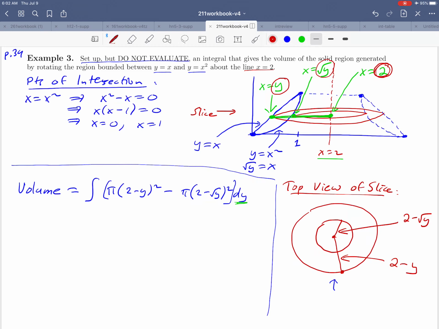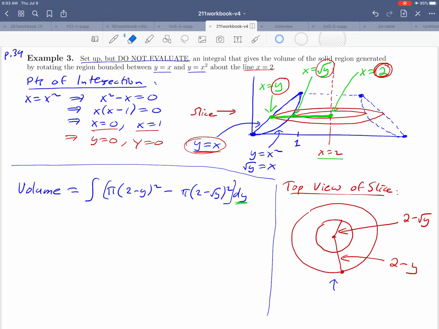Unfortunately, our algebra gave us x values, not y values, but we can figure out what the y values are, because both of those x values happen to lie on the line y equals x. And so if x is 0 and x is 1, that means that y is 0 and y is 1, because y equals x at those two points.